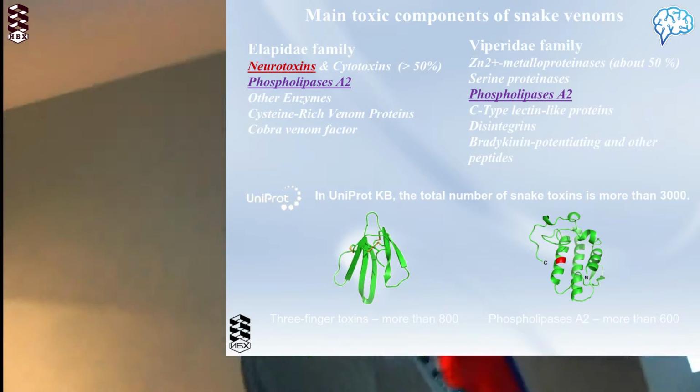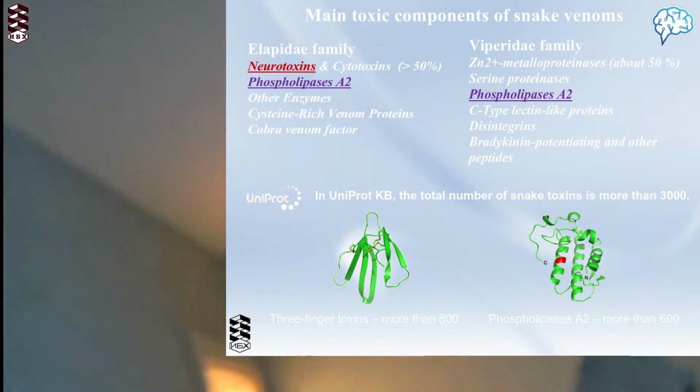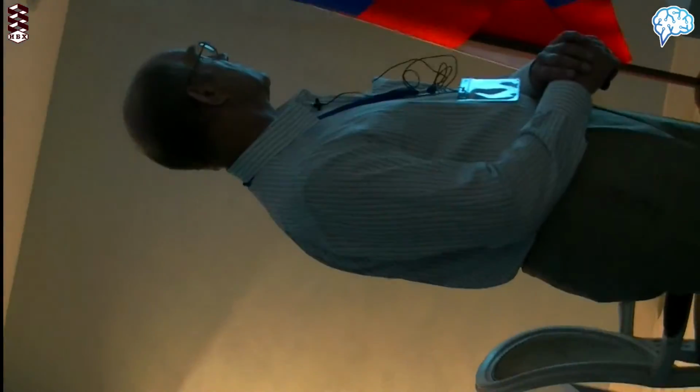The Viperidae family contains mostly enzymes, among them metalloproteinases, which account for about 50%, then serine proteinases, and again phospholipases.